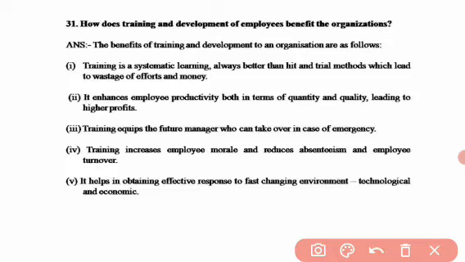And next, it helps in obtaining an effective response to a fast changing environment. It may be technological or economical. So these are the points related to training and development of employees which benefit the organization.